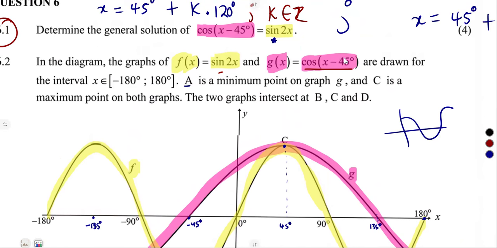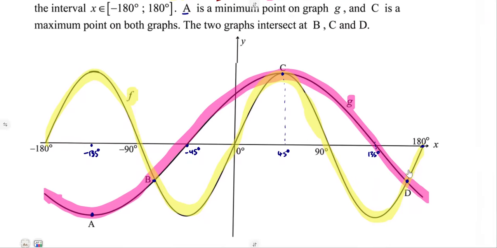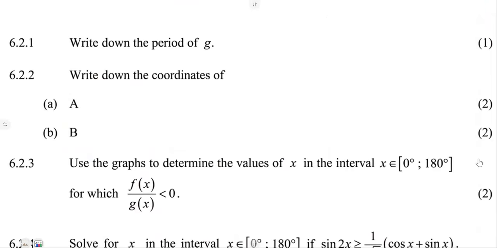It means we shifted 45 degrees to the right, horizontally to the right. So instead of us being at 0, we are going to be at 45. So it was just a shift that happened. Anyways, that is the interpretation of what you're given there.